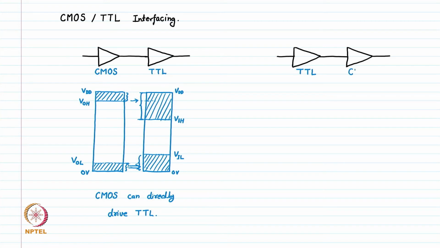This is TTL and this is CMOS. Now we know that in TTL, the VIH, these voltage levels, are skewed, while in CMOS, they are symmetrical.